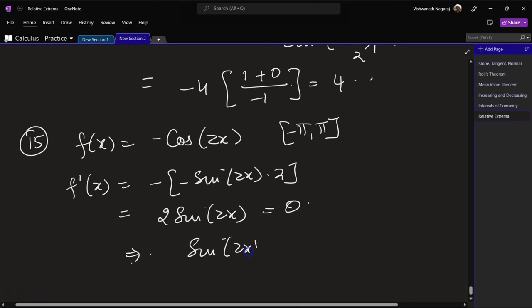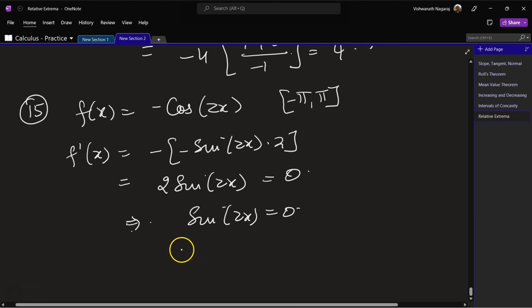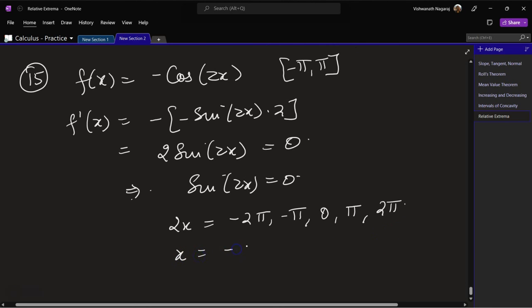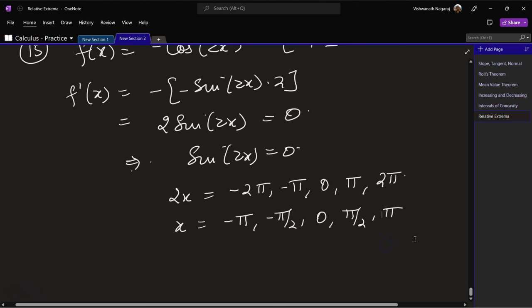Sine 2x equal to 0, and which means 2x is equal to, what will this be? Minus 2 pi, minus pi, 0, pi and 2 pi, which means x is going to be minus pi, minus pi by 2, 0, pi by 2, and pi.